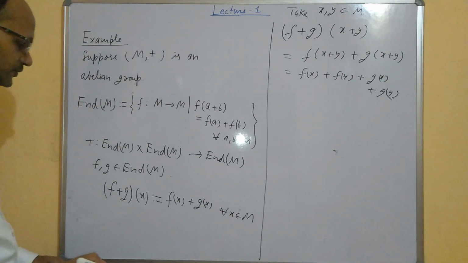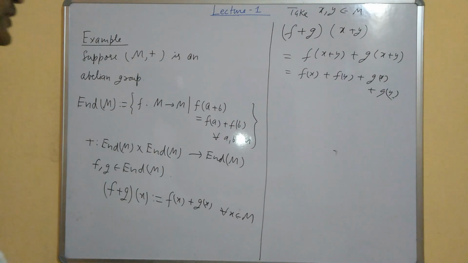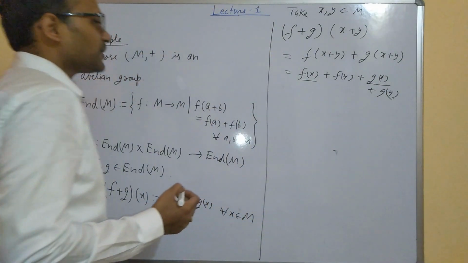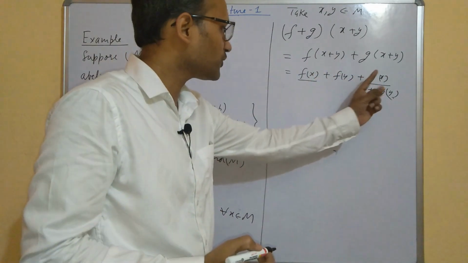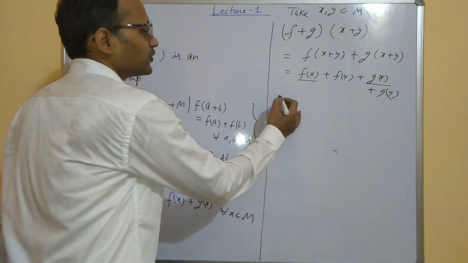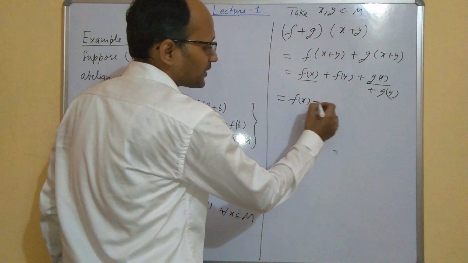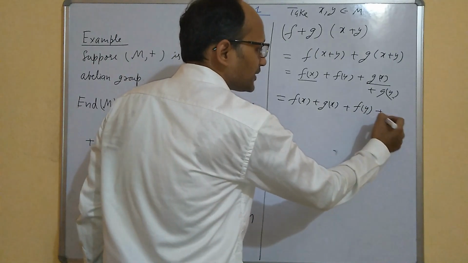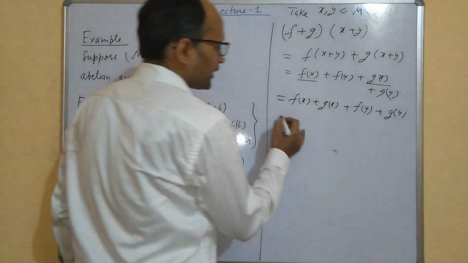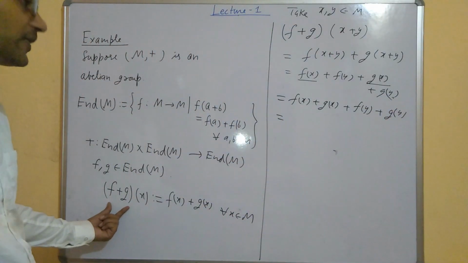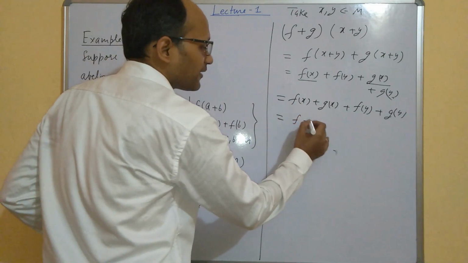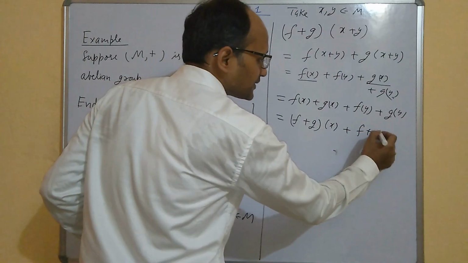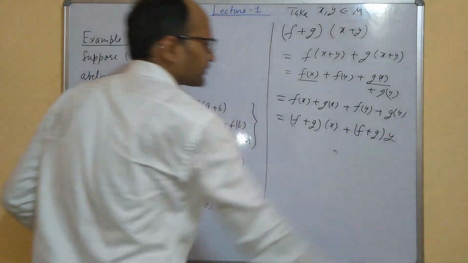Now take the terms of x together. Because M is an abelian group, this is the operation of the group, so we can shift these terms. So we can write it as f(x) + g(x) plus f(y) + g(y), and now by definition of addition of maps f + g we can write it as (f + g)(x) + (f + g)(y).